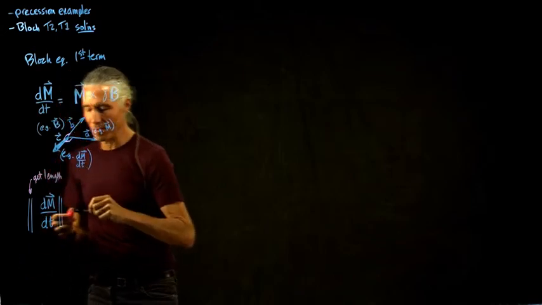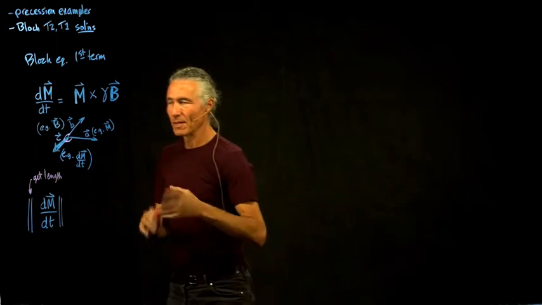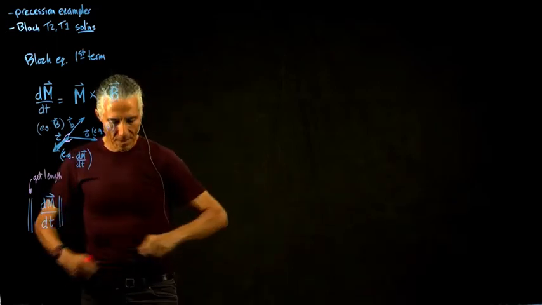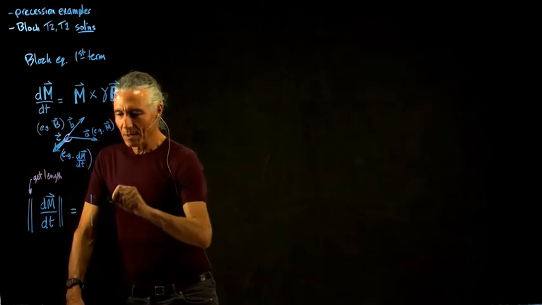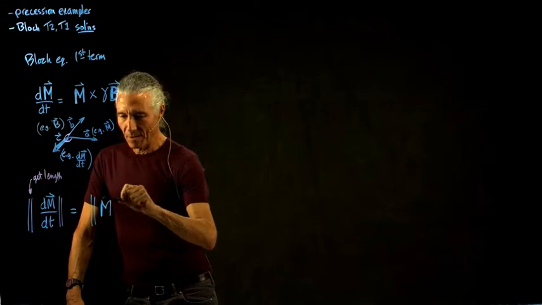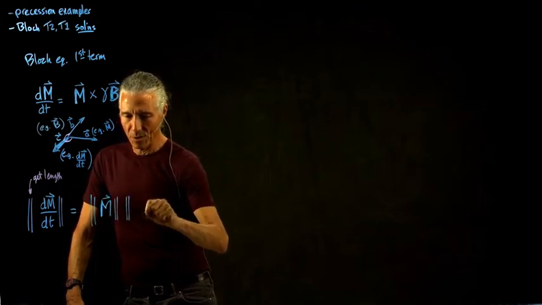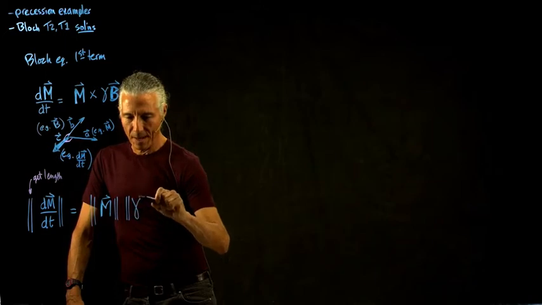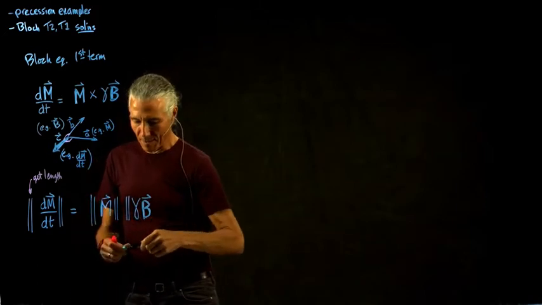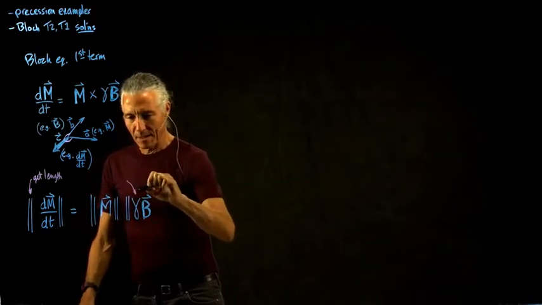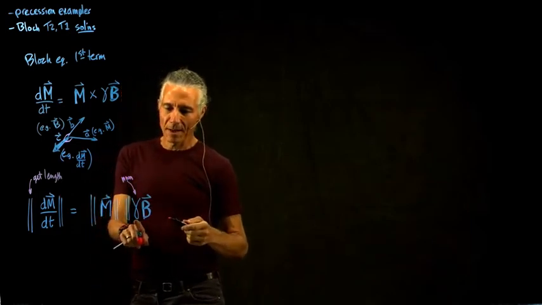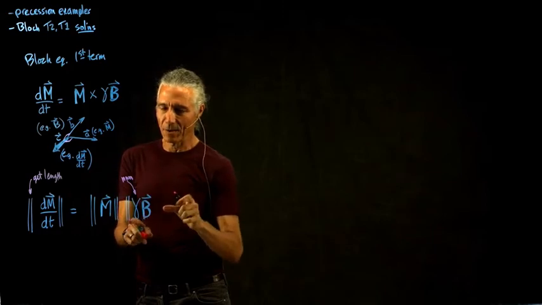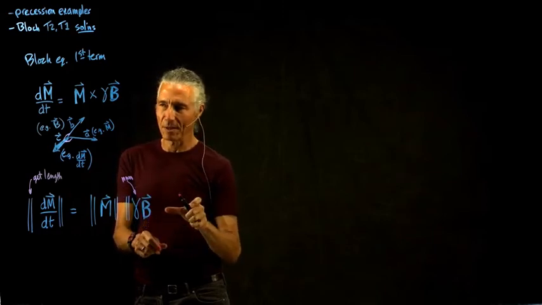However many dimensions you have, it means find the length of the vector and ignore what direction it's pointed in. So this equation says the length is equal to the length of the M vector times the length of that constant times the B vector. This guy's just a number, so what it does is scale the vector. If that was 1, multiplying 1 times the vector doesn't change the length. If that was 2, you get a vector twice as long.